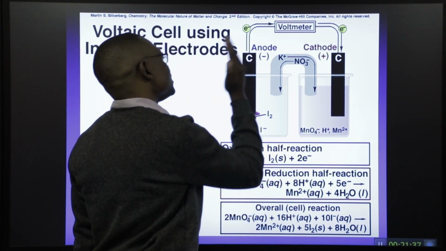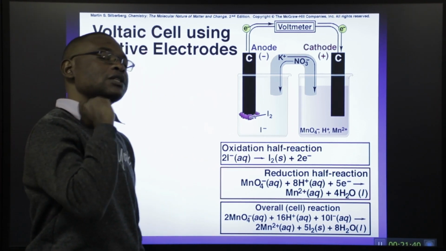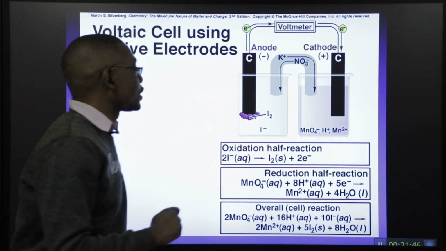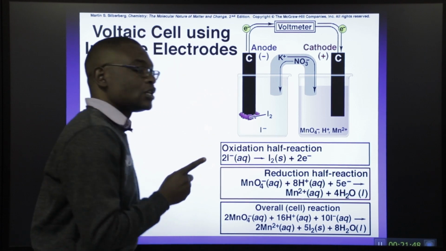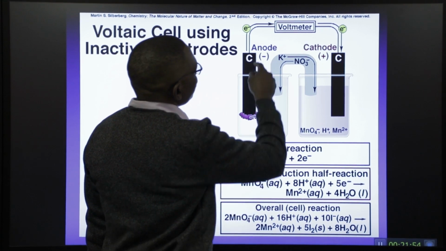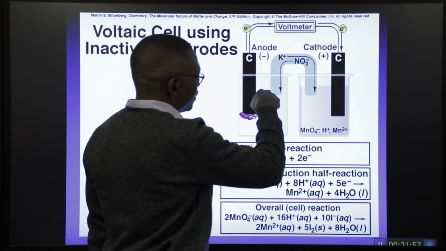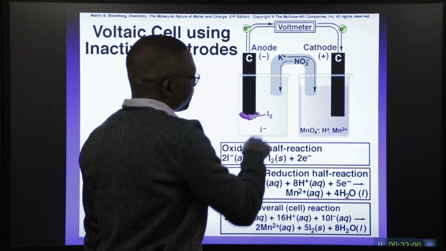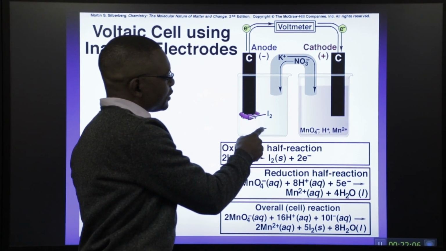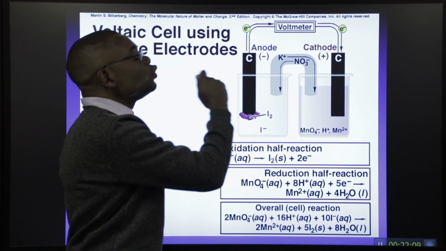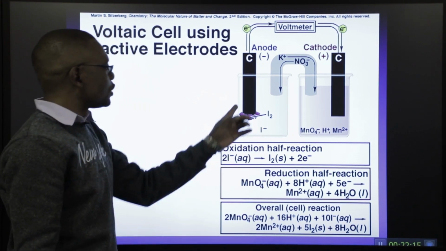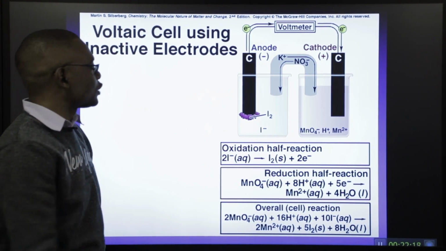So what actually happens? This is still our anode. And what is happening at the anode? Oxidation. So how is the oxidation taking place? Oxidation is loss of electrons. So in this case, the iodide ions, I minus, carry a negative charge, so they lose their electrons, those extra electrons they are carrying, and give them up to the carbon electrode.